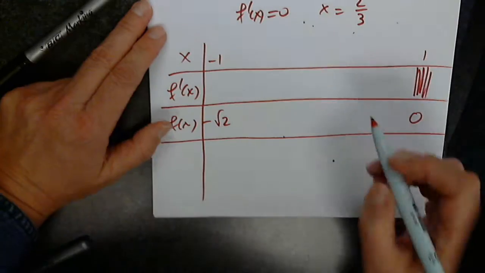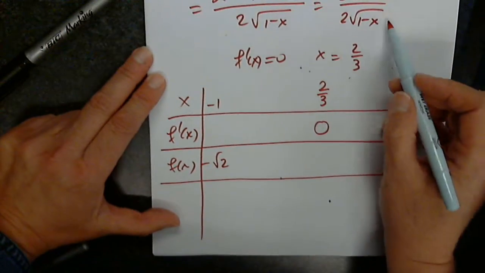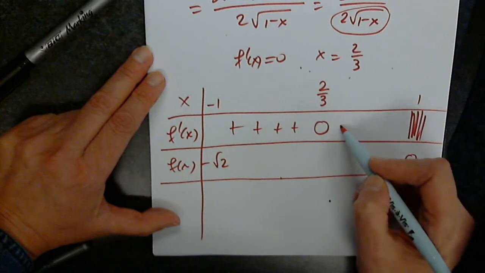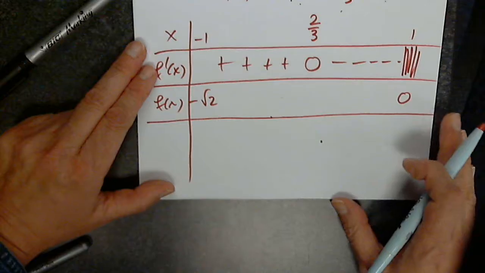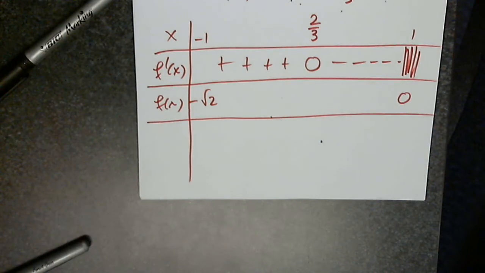And at 2/3 the derivative is 0. Before 2/3 it is positive, after 2/3 it is negative. So now I have to plug 2/3 into the function. I'm going to use the table, and I put 2/3, and I get 0.4 roughly.